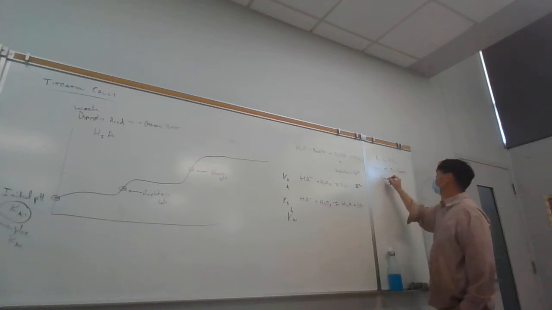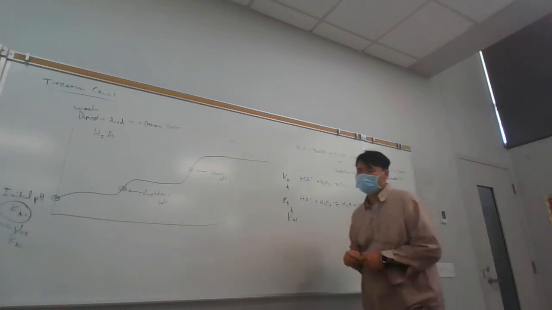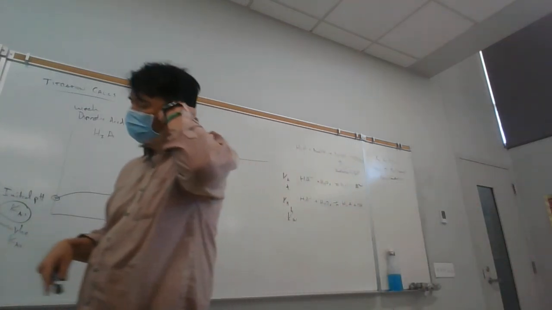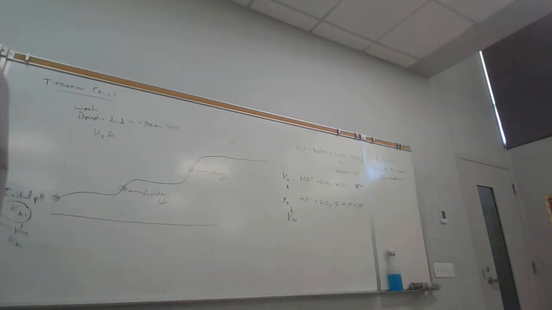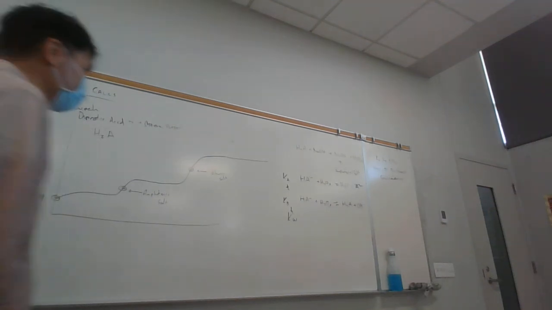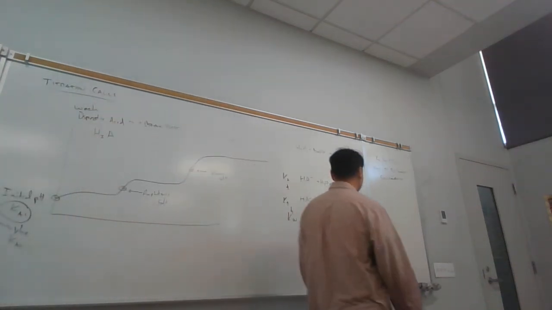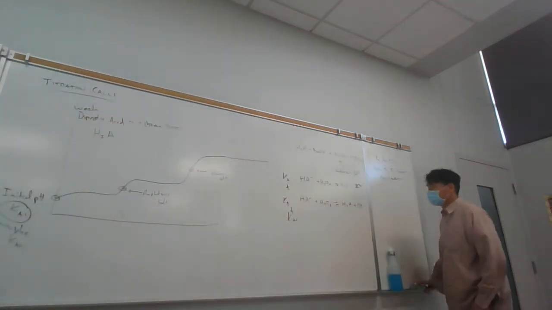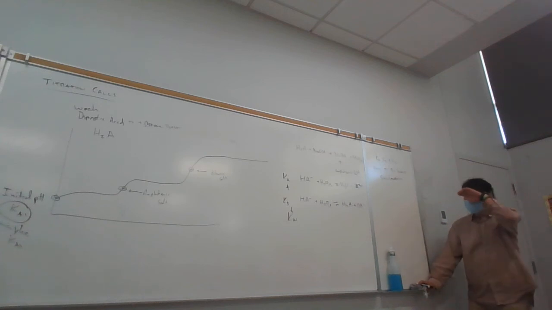Versus when we're looking at buffers, we have Ka and Kb, but they describe the same equilibrium, so we only have to do one or the other. In this case, we have to do both, Ka and Kb, and not only that, we have to look at Kw, because that's in hydronium and hydroxide.